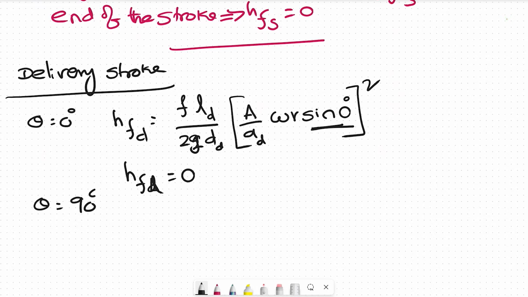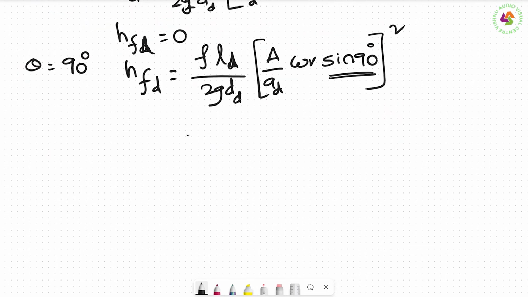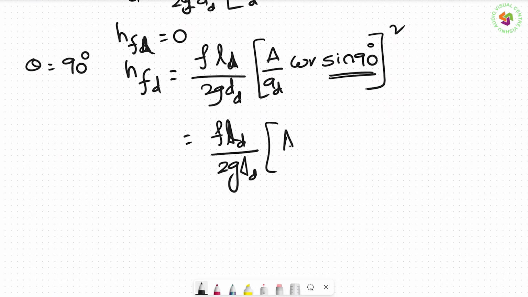Theta is equal to 90, that is at the middle of the stroke. hfd is equal to f ld by 2 g dd into A by ad omega r sine 90 whole square. Sine 90 is equal to 1. Therefore, f ld divided by 2 g dd into A by ad omega r whole square.